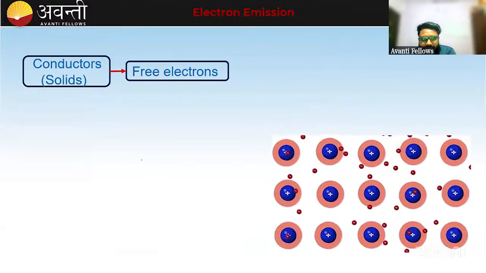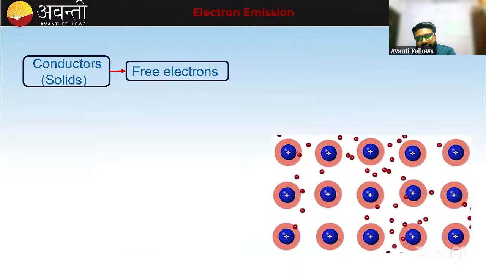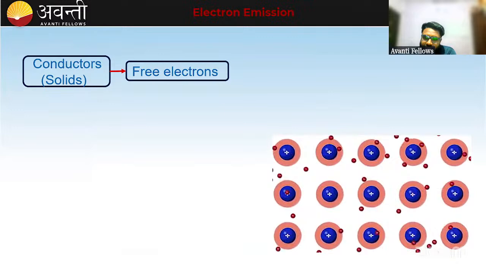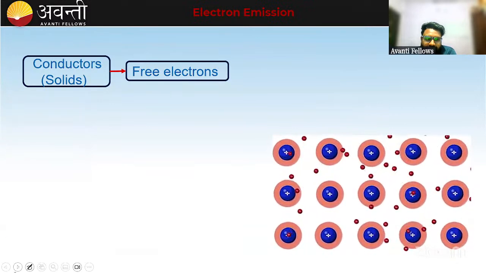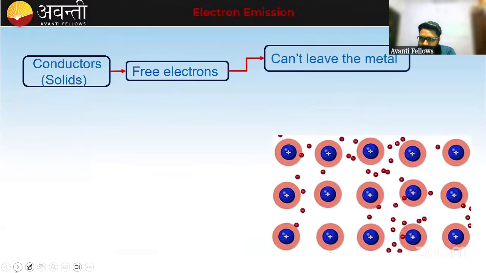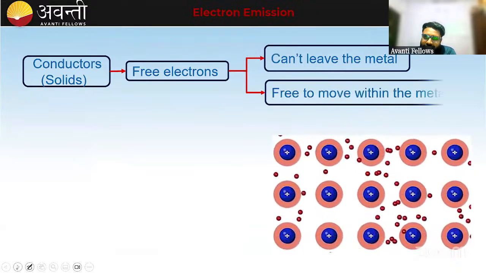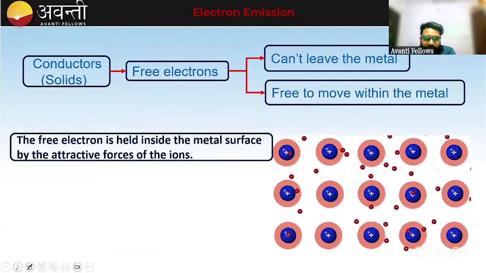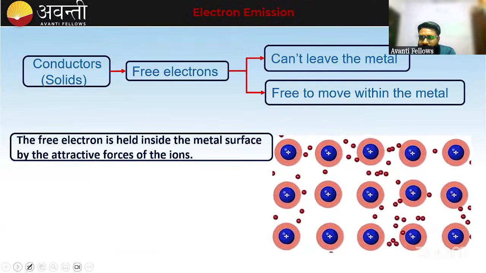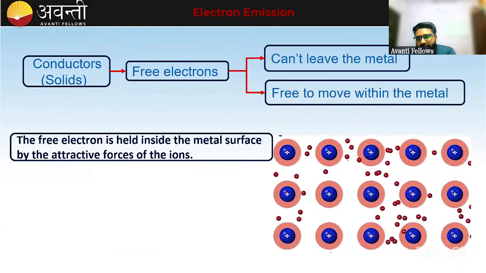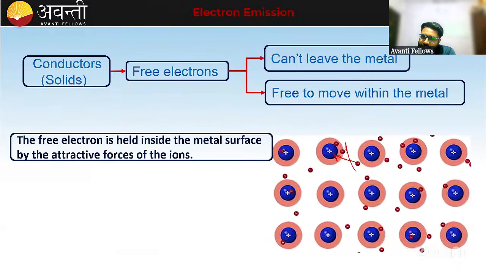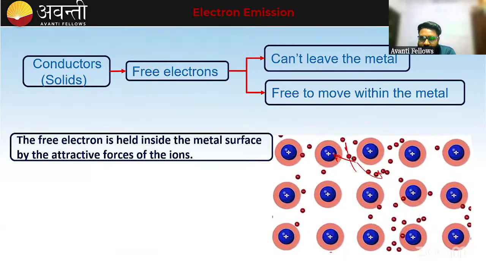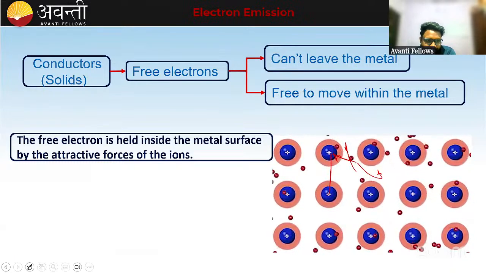Okay. Now we know that conductors यानी कि solids, especially metals, have free electrons, and those free electrons can travel within the body. ठीक है, they cannot leave the metal or the surface. ठीक है, they are free to move within the metal. अब ये फ्री क्यों नहीं? बिकॉज द पॉजिटिव चार्ज इज अप्लाइंग सम फोर्स ऑन दिस. ठीक, तो इसलिए ये बाउंड है ड्यू टू द अट्रैक्शन फोर्सेस, कूलॉम्बिक अट्रैक्शन फोर्सेस ऑफ द आयंस. ठीक है.